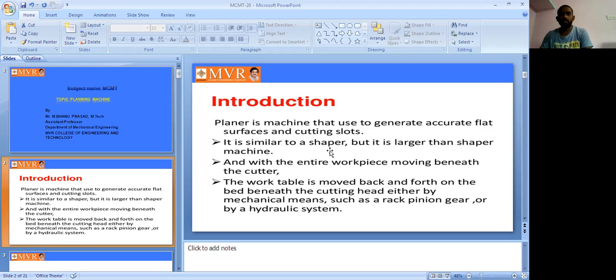It is similar to the shaper, which is also a shaping machine.